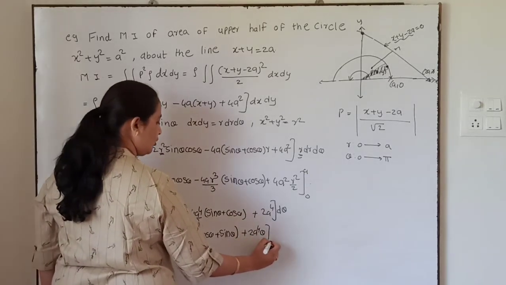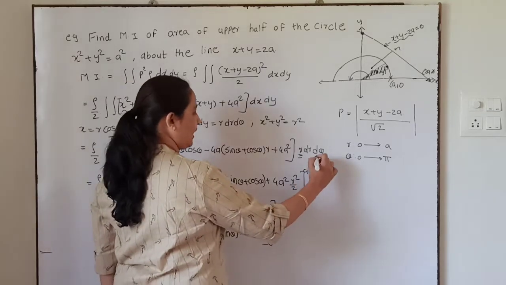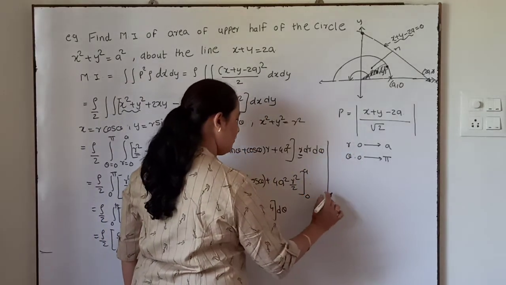For this bracket, you have to apply limits from 0 to pi.